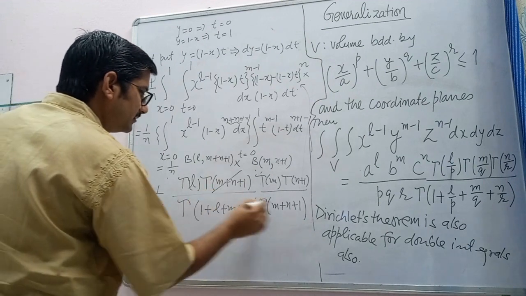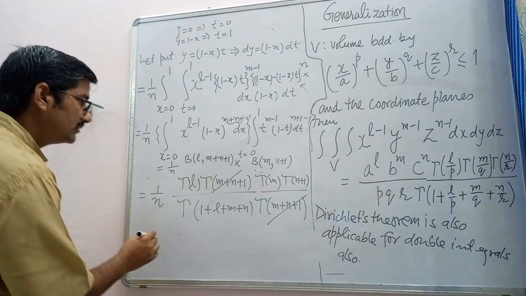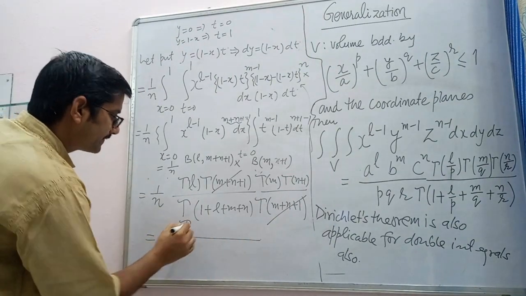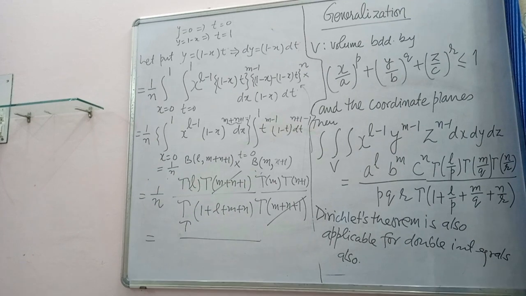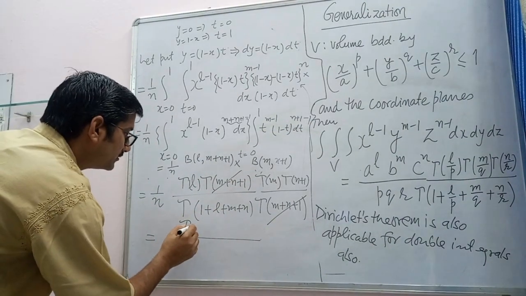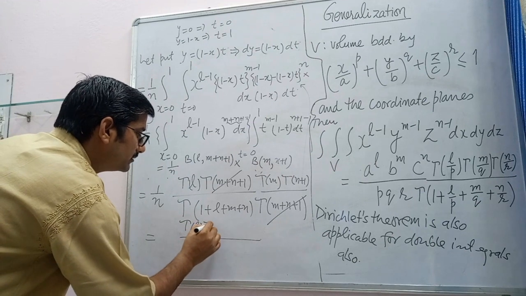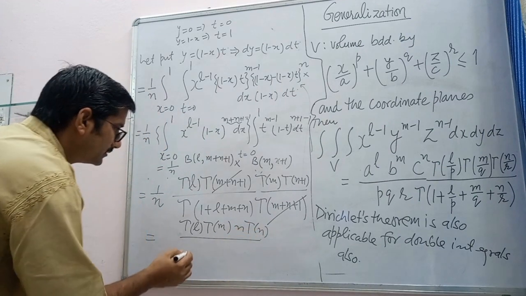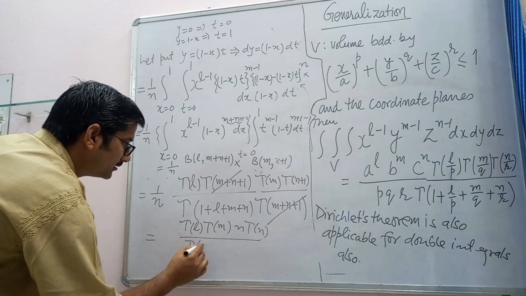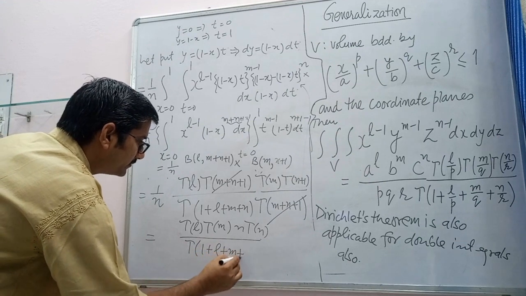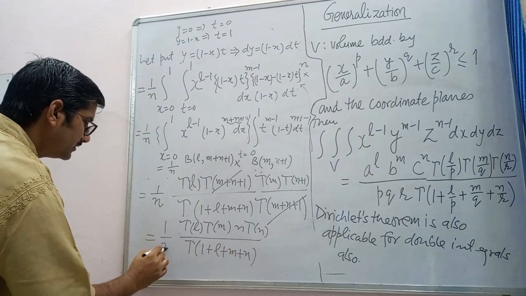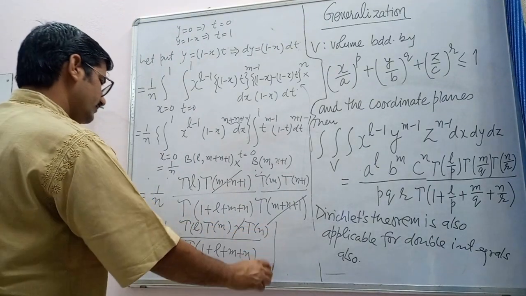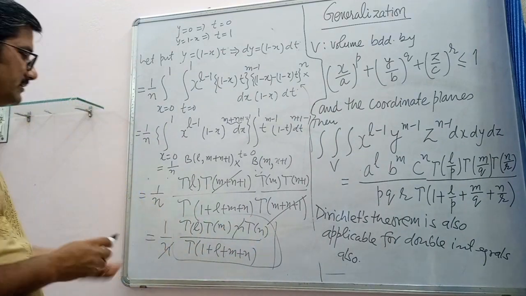So you can cancel this by this one. So it is gamma l gamma m, and you can write this as n into gamma n, upon gamma (1 plus l plus m plus n), and this 1 upon n. So n will cancel by this n. So we have proved this Dirichlet integral for this case.